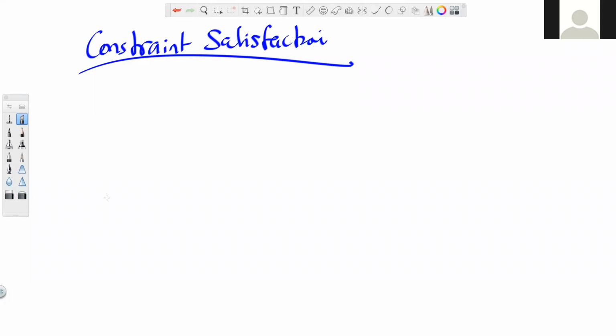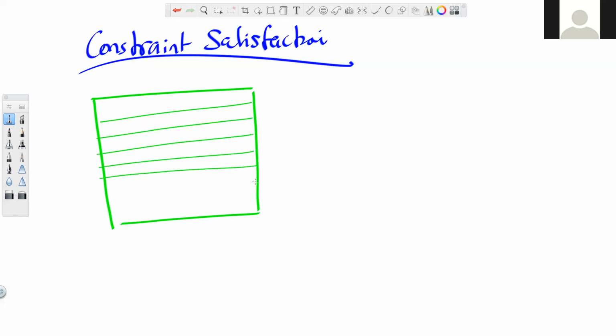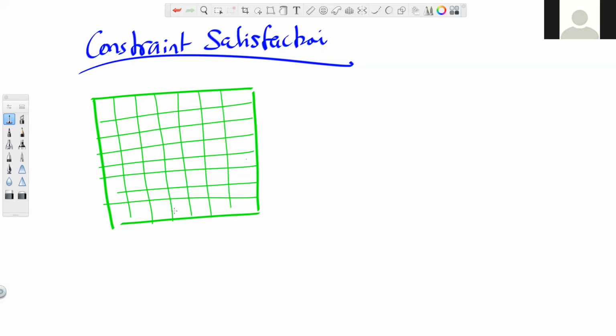So here's the problem. I have, let's say, a chessboard, and it's an 8x8. Let me see. Okay, it's too thick. 1, 2, 3, 4, 5, 6. Oh, okay, that worked. Okay, and not equally spaced. 8x8 board.